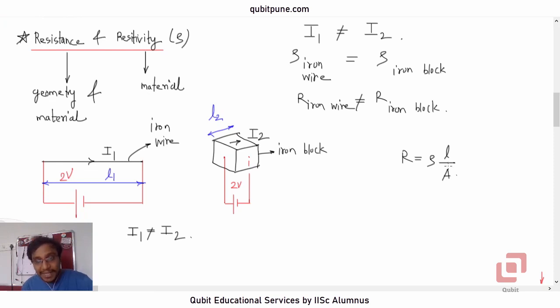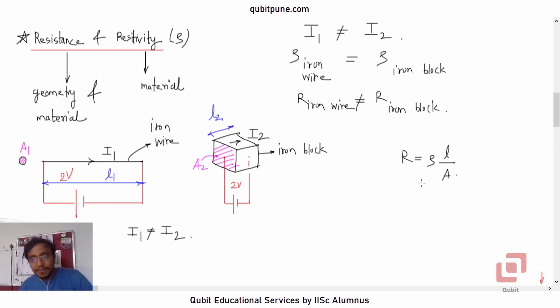And what about area A? Area represents the cross-sectional area through which the current is flowing. So this is A2. And for this wire, if I zoom in here, then this will be my A1. So clearly smaller area, larger the resistance; larger area, smaller the resistance.